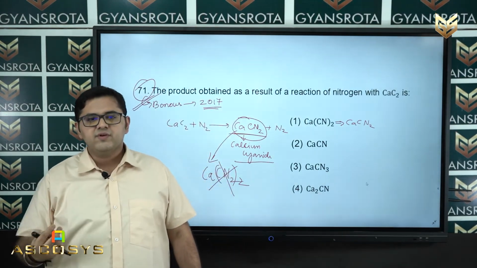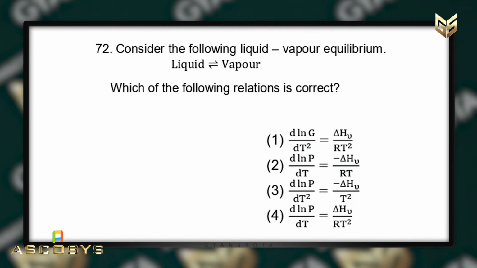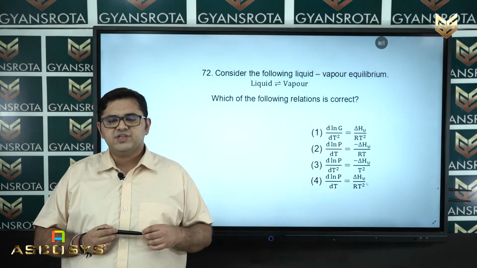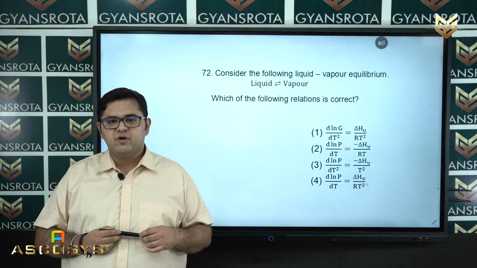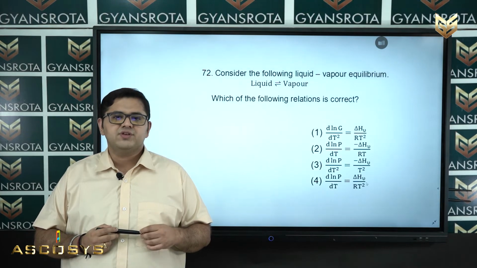So, now we are moving to the next question, that is question number 72. Consider the following liquid-vapor equilibrium. Which of the following relations is correct? This question comes from the thermodynamics chapter of class 11 NCERT, and this is a direct formula-based question.